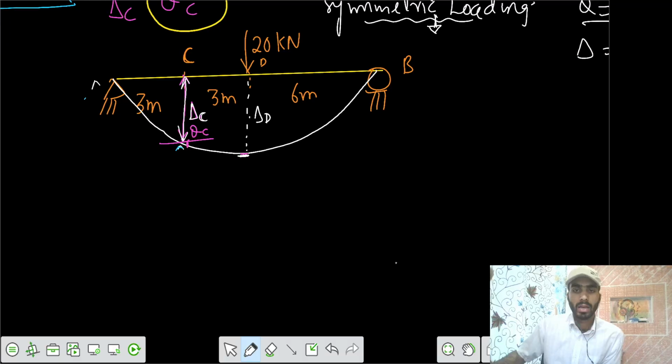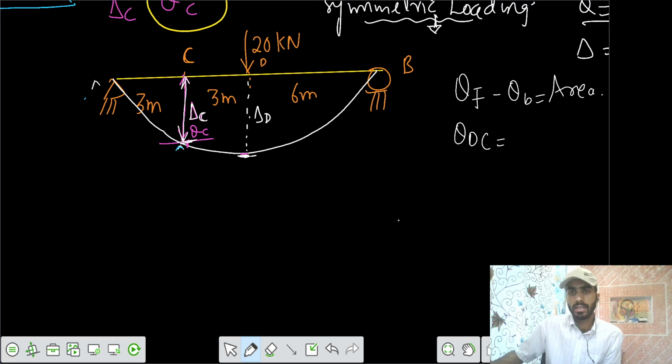We have that theorem one, that theta forward minus theta backward equals the area between the 2 points. So if I want to say delta DC, we have to find C, but your reference should be D also.